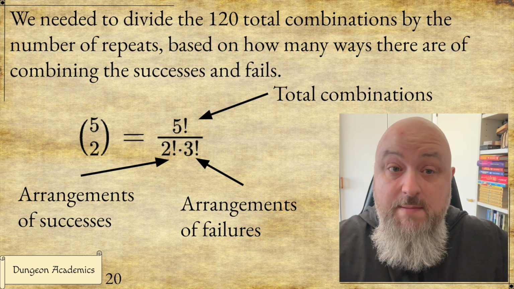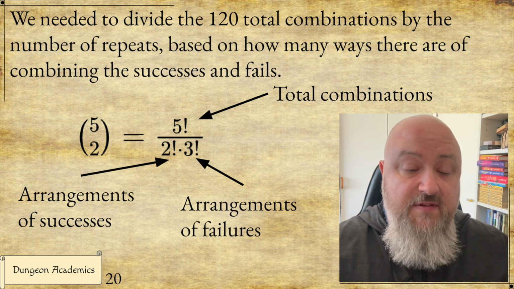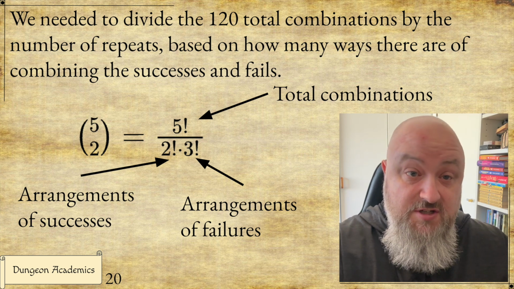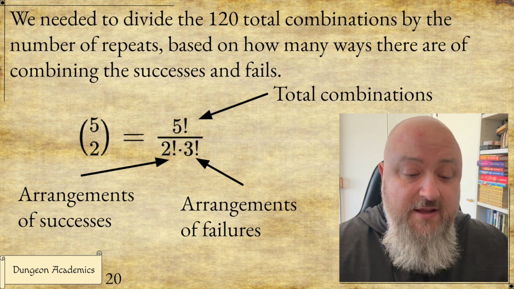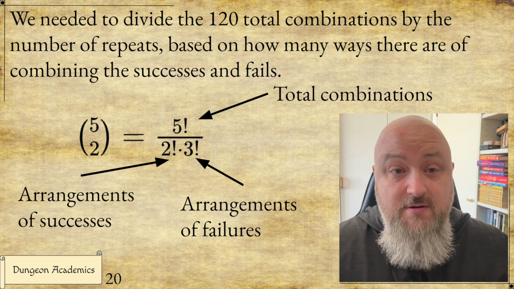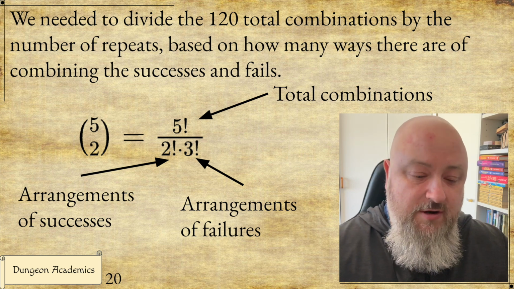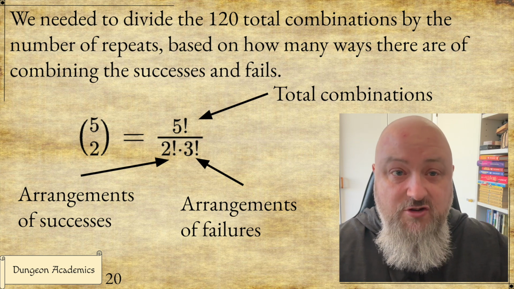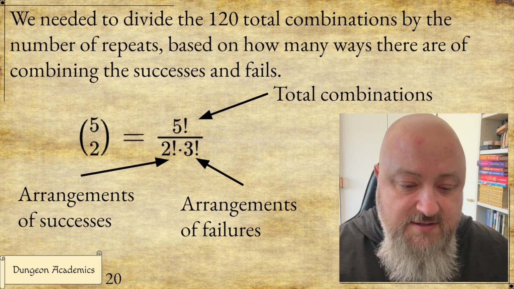So, remembering that there are 5 factorial ways of arranging the 5 events, and 2 factorial ways of arranging the 2 successes, and 3 factorial ways of arranging the 3 failures, we end up with the equation 5 factorial divided by 2 factorial times 3 factorial. This tells us how many ways there are of arranging 5 events with 2 successes and 3 failures.